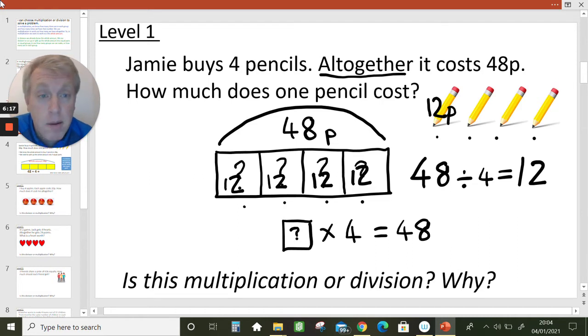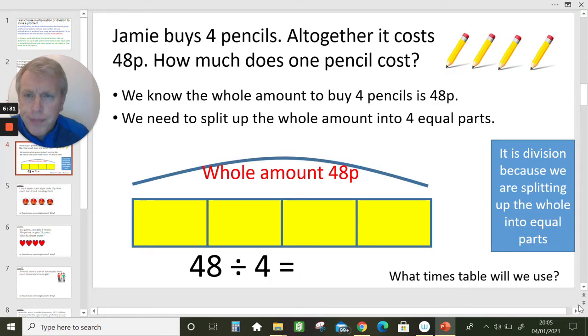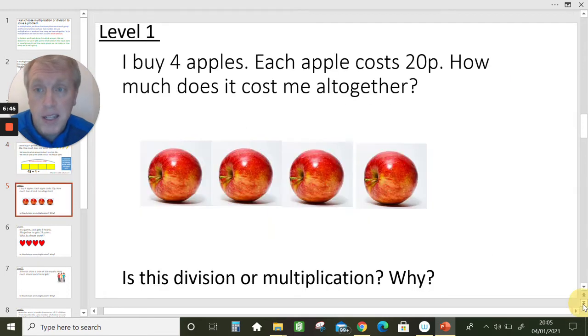We can check it by saying, well, 12 times 4, because it would be 12 pence, another 12 pence, another 12 pence, another 12 pence. It's 48. Phew, good. Right, let's have a go at our next problem. Hold on, I've drawn it out a little bit more neatly. It's division because we are splitting up the whole into equal parts. We know the whole. We know we've got to split it into 4 parts, 4 pencils.